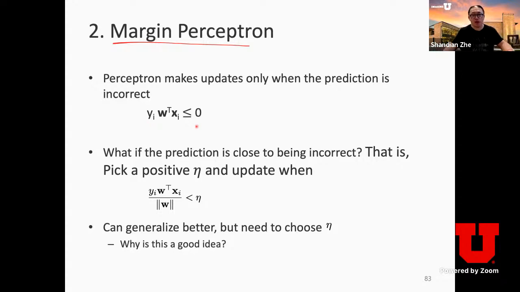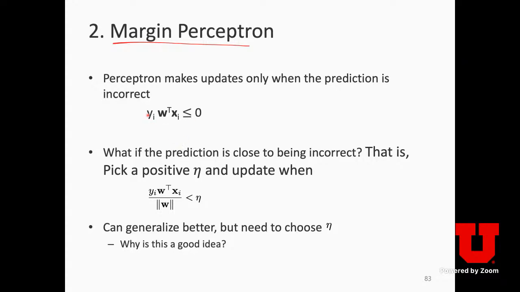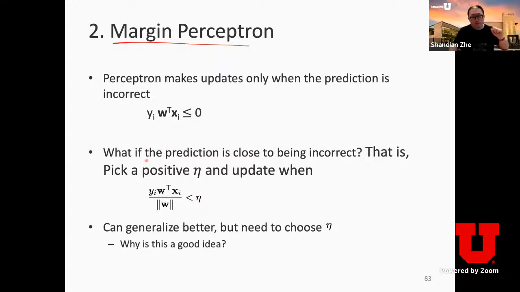If this inequality holds, it means you're going to make a wrong prediction, so you have to adjust the weight vector. But the margin perceptron just modifies this inequality. We first pick a positive number that must be bigger than 0, and then for an arbitrary example xi and yi, we first test whether this inequality holds. If it holds, we incur the update. Otherwise, we just move to the next example. That's it.